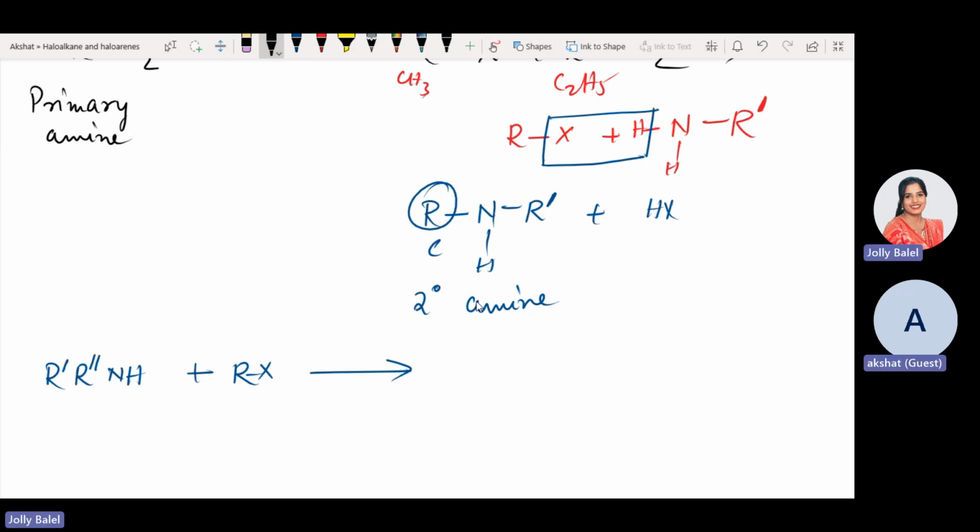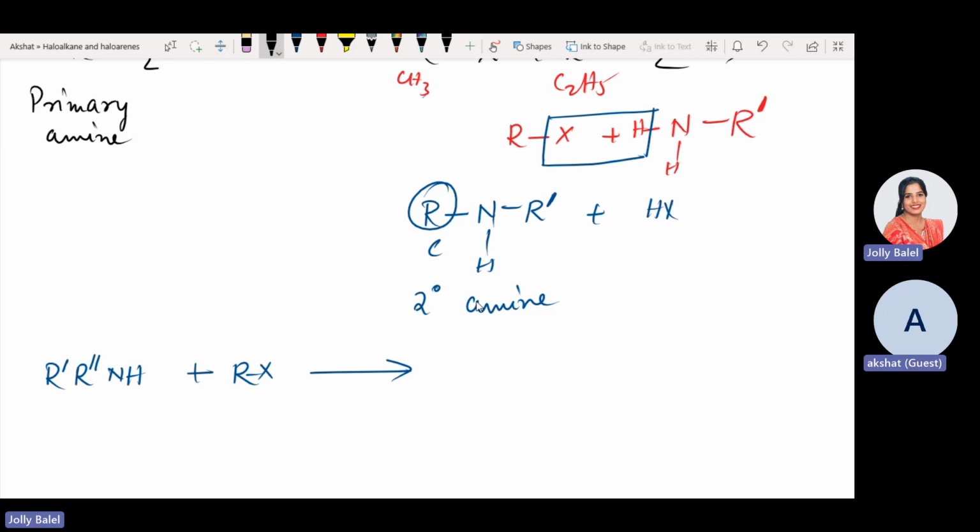Just remove HX. R, R dash and N R double dash, then H will be in, plus HX.